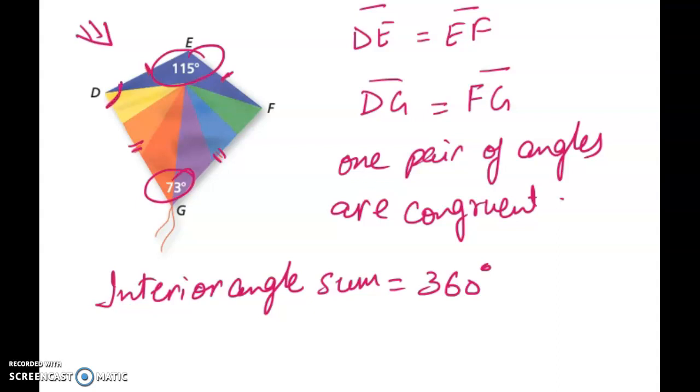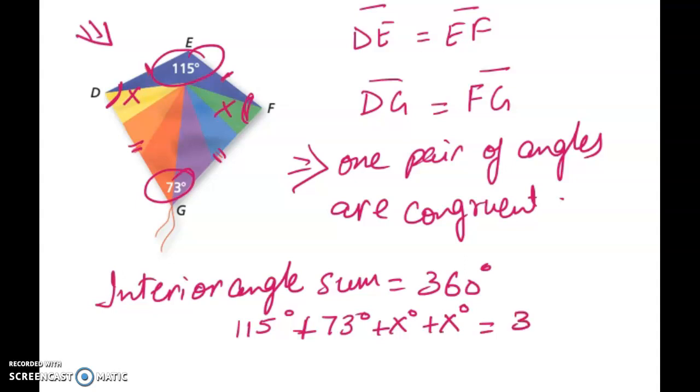So if angle D is congruent to angle F based on this property of a kite, I can say let angle D be X and F is also X. I can write my equation like this: 115 degrees plus 73 degrees plus X degrees plus X degrees should be equal to 360 degrees.